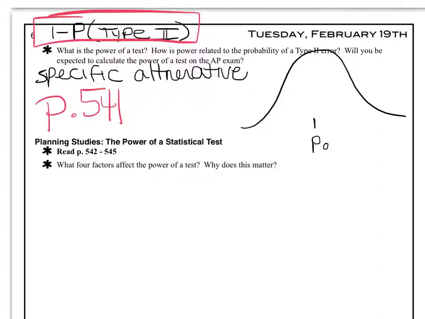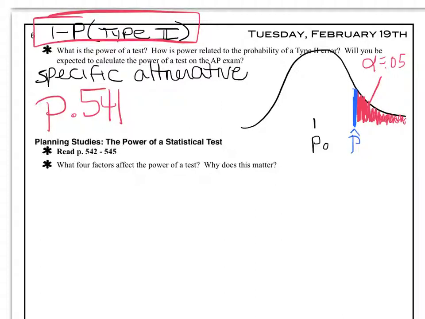Then when I look at my values that would cause me to reject, if alpha is, say, 0.05, then these upper 5% might cause me to reject. There's going to be a boundary level here, some p hat, where any p hats greater than that are going to cause me to reject.